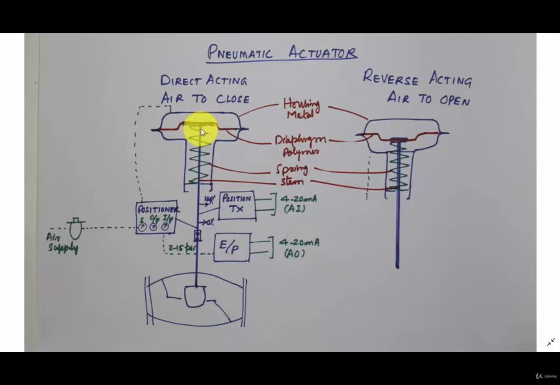There is a stem also. The stem is connected to the diaphragm, which goes up and down, coupled with the valve stem through the coupling. What happens is the pneumatic signal comes from the positioner and enters the top of this housing, and this air pressure is applied on the surface of the diaphragm.